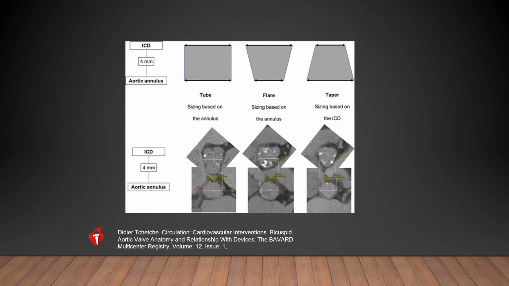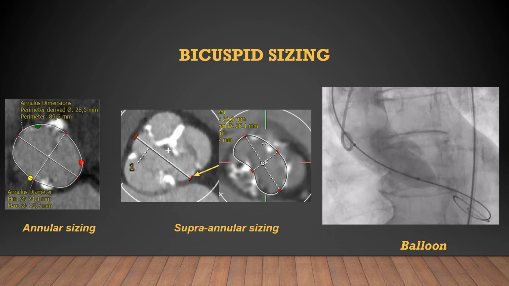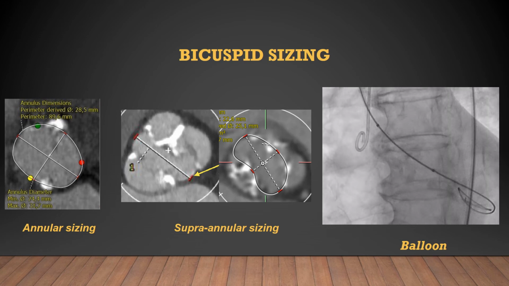So based on what the pathology is, what the shape of the LV, the aortic annulus, and the intercommissural dimension is, and as I said, it's 4 millimeters apart, you will decide where exactly to land the percutaneous heart valve. And looking at it ever so slightly differently, this is how you would do that.